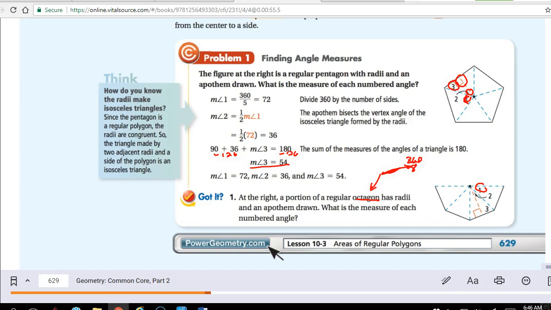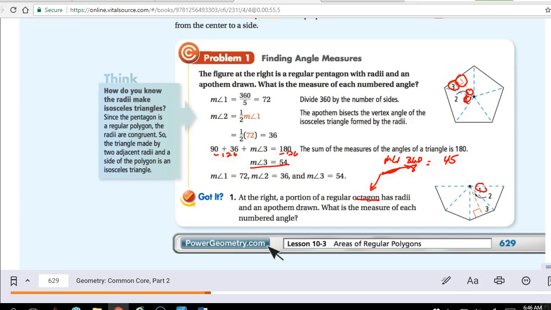Is that correct? Let me get my calculator real quickly. If I take 360 and divide that by 8, I do end up with 45. So the measure of angle 1 would be 45.